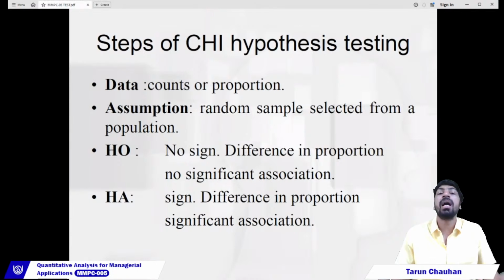The alternate hypothesis means there is a significant difference, or a significant relationship, or a significant association between one or two variables. So when a researcher applies the chi-square test, making the hypothesis statements is compulsory.